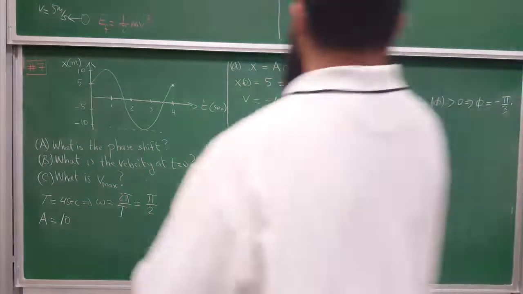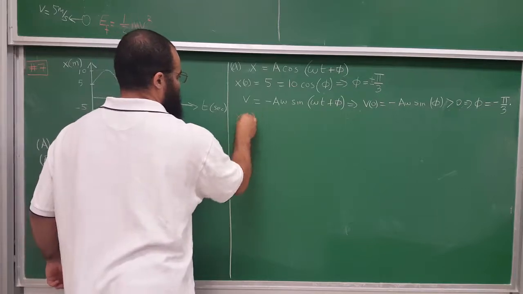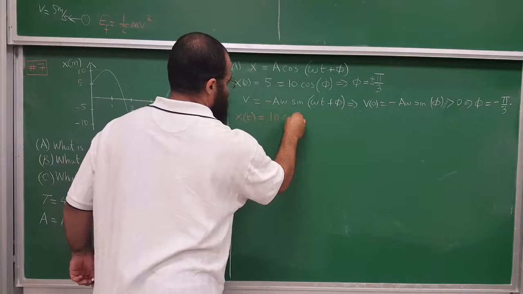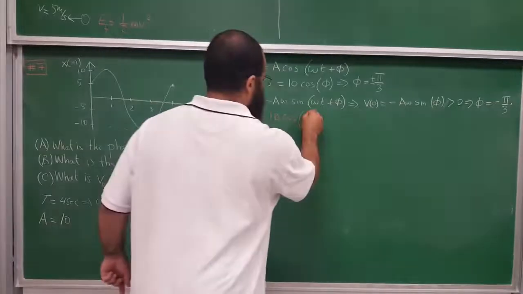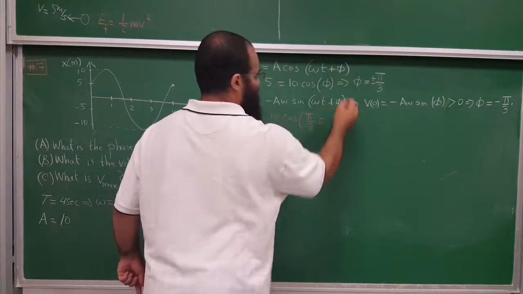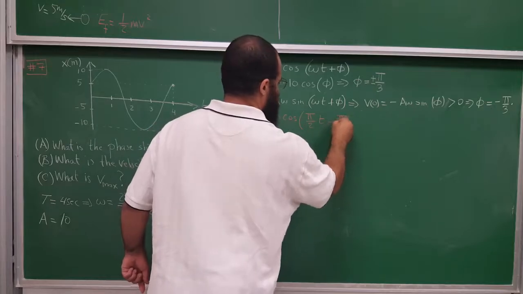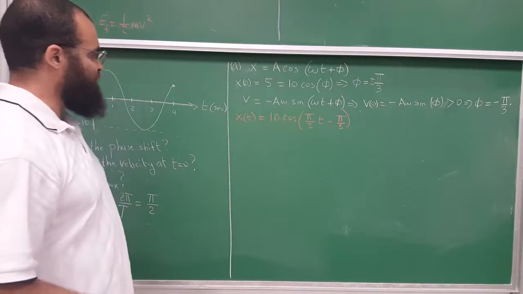We can write down our position now fully. So x as a function of time will equal a, the amplitude, that's 10, times the cosine of omega t. Omega is pi over 2. So pi over 2 times the time. The phi here, the phase shift, is plus negative pi over 3, so minus pi over 3. And that's the full description of the position.